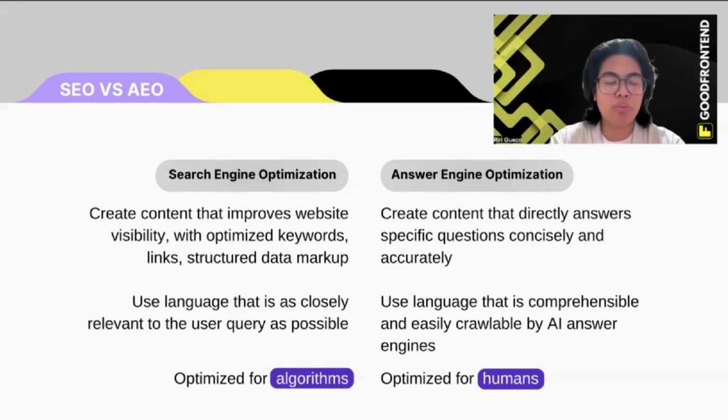So it doesn't matter as much for AEO to use the exact wording, exact phrases, and exact keywords, because the AI models that are used for these answer engines can basically understand human language. In short, with SEO, we are optimizing for the search engine algorithms, but for AEO, we are optimizing for humans.